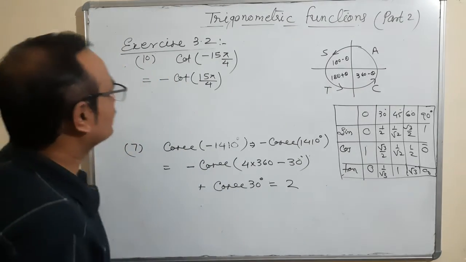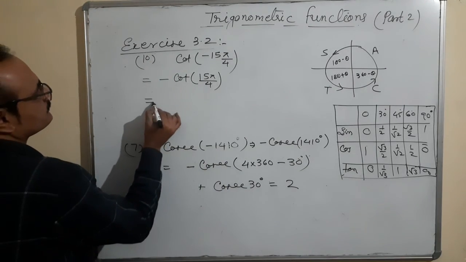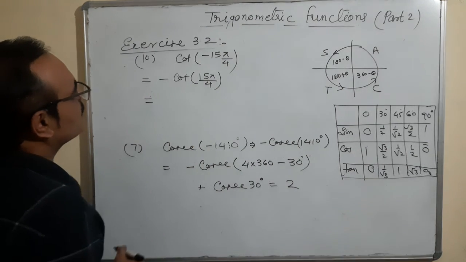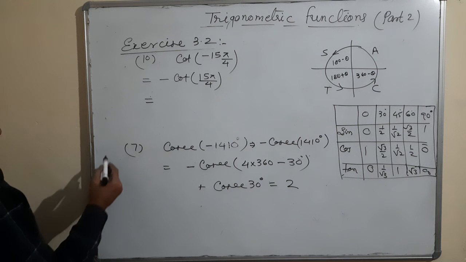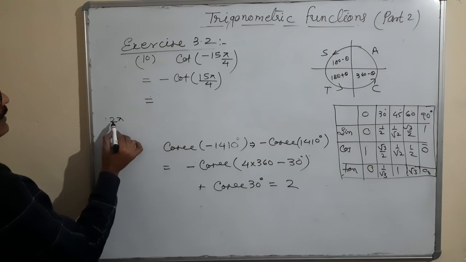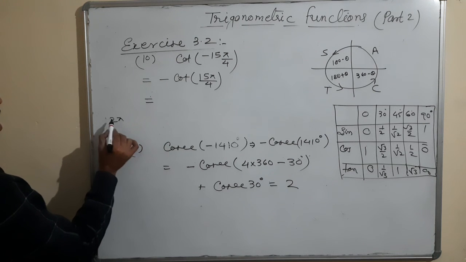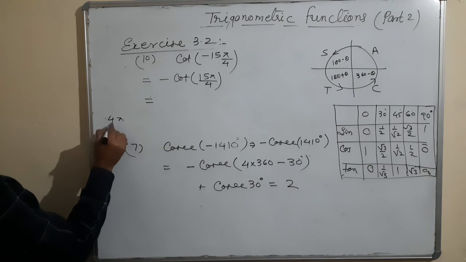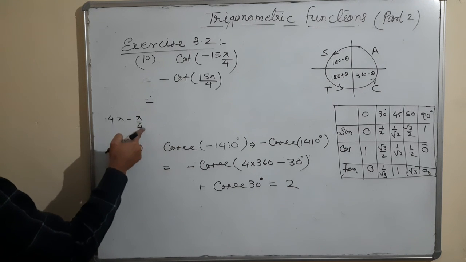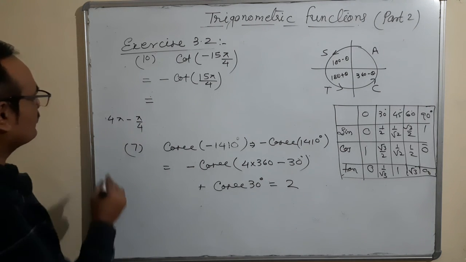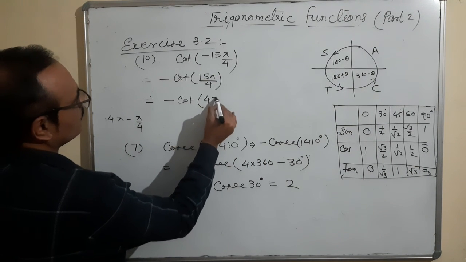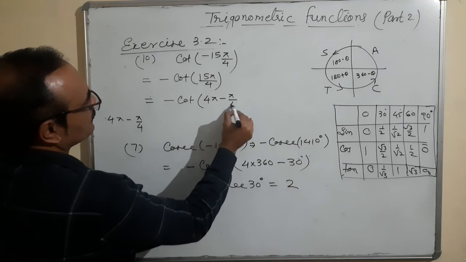It's your choice. 15 pi by 4 can be written as 4 pi minus pi by 4, since 4 times 4 is 16 pi, minus pi is 15 pi by 4. So the term can be written as minus cot of 4 pi minus pi by 4.